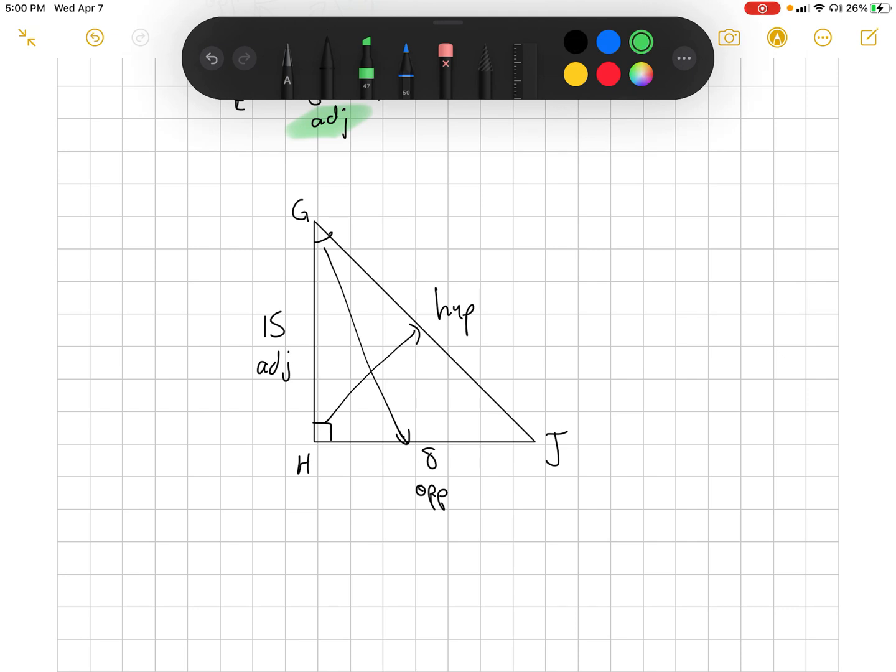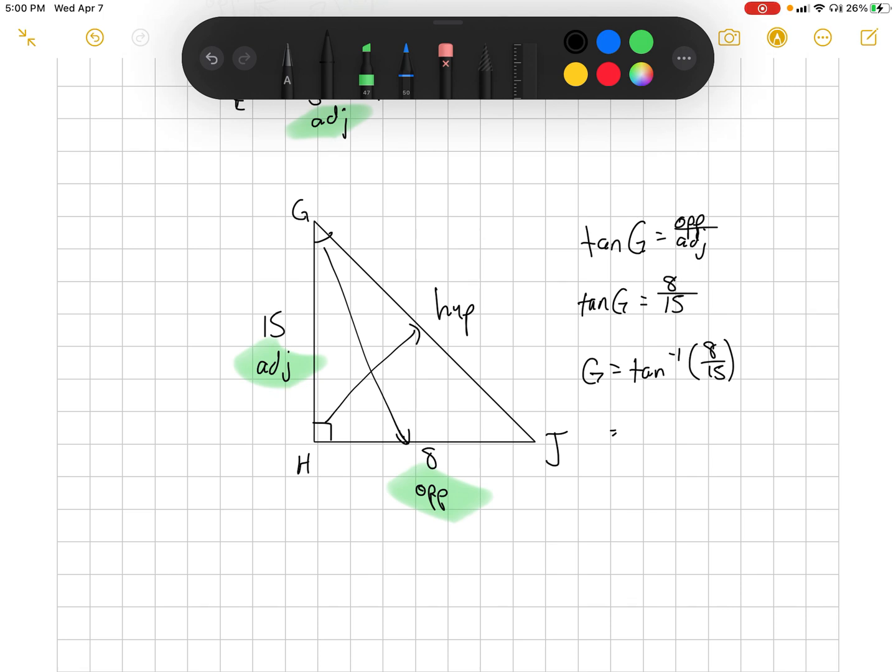So we have the adjacent, we have the opposite, we're looking for the reference angle. So opposite and adjacent is tangent. Tangent of G is equal to opposite over adjacent. So tangent of G, we don't know what G is, so just leave it as G, is equal to the opposite side over the adjacent side. So G then is the inverse tangent of 8 over 15, which is 28.1 degrees.